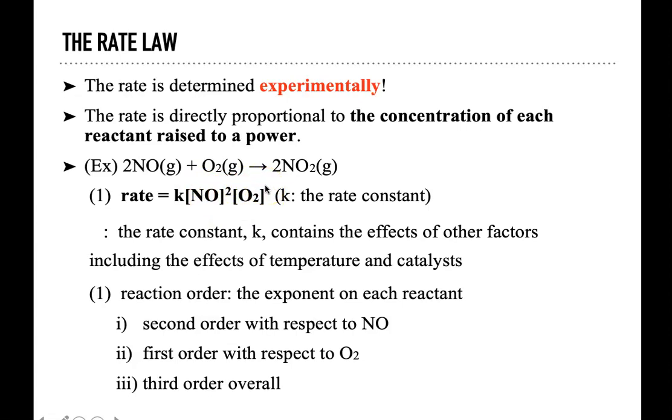The overall reaction order is found by adding 2 and 1 together, so this is a third order reaction, order 3. Then we will start from considering the major factor, the concentrations of the reactants or products, in the following slides. Two methods, the initial rate law method and the integrated rate law method, will be discussed in the following slides.